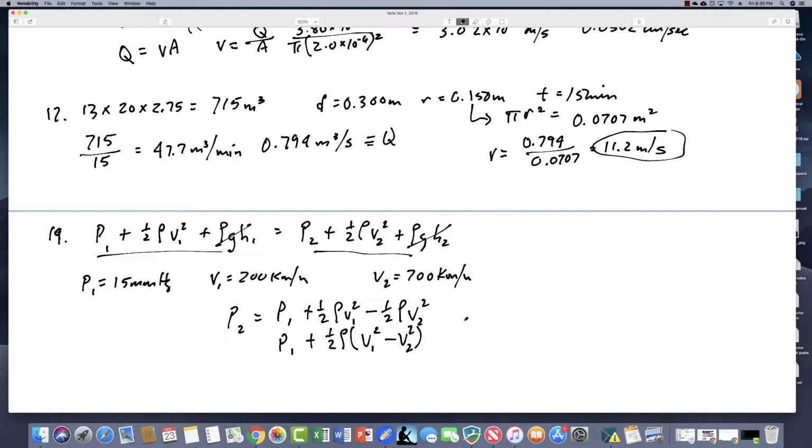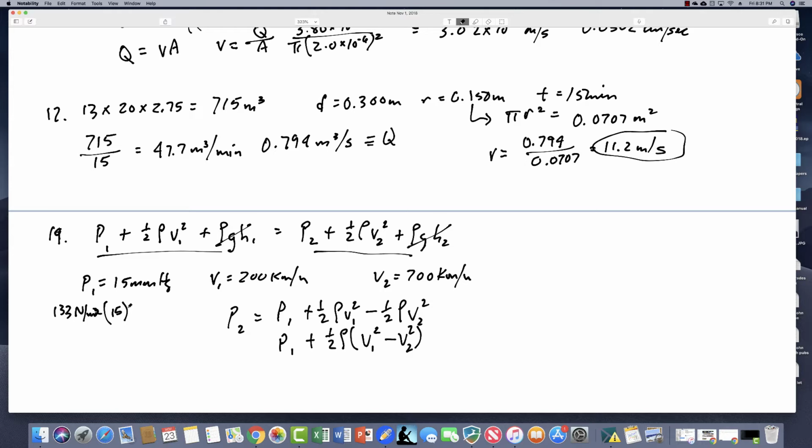And so let's calculate what these entities are in units that we can use. First of all, 1 millimeter of mercury is the same as 133 newtons per meter squared. I just looked that up in the chapter. And so if we take that times 15, we get a new pressure value.